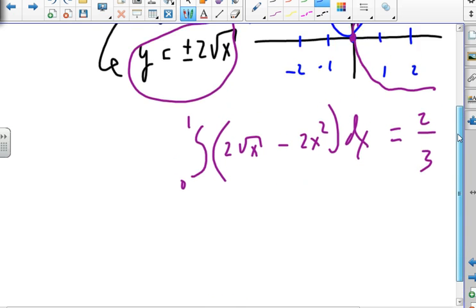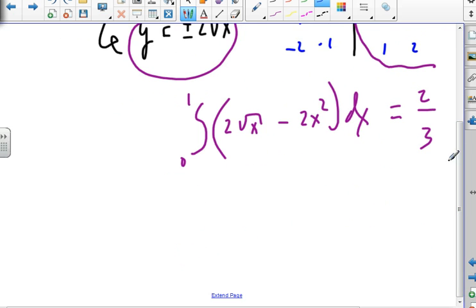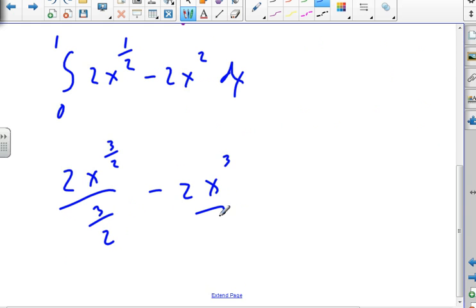And I look up here and yeah, why not 2/3? So this is going to be the integral from 0 to 1 of 2x to the 1/2 minus 2x squared dx. So I'm going to have 2x to the 3/2 divided by 3/2 minus 2x cubed divided by 3, evaluated at 0 and 1.